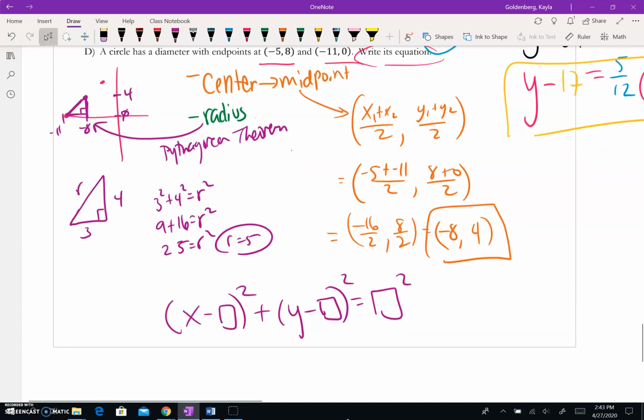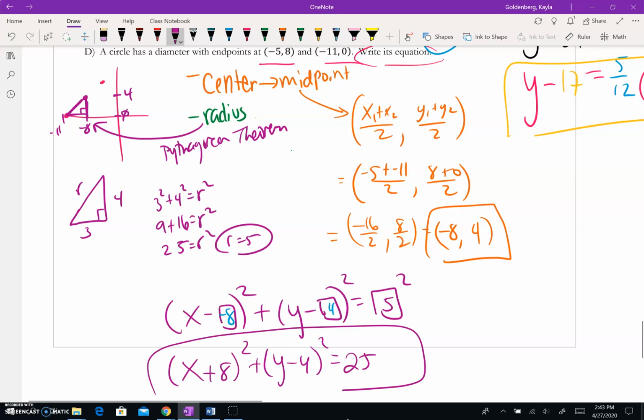So if you plug that in, you're going to get x minus -8, which is going to become a +8. Right, if I plug in my -8, and then you've got 4 for the y, that's pretty straightforward, y minus 4 squared equals, and your radius squared is going to be 5 squared, or 25. Okay, so there's your final answer.